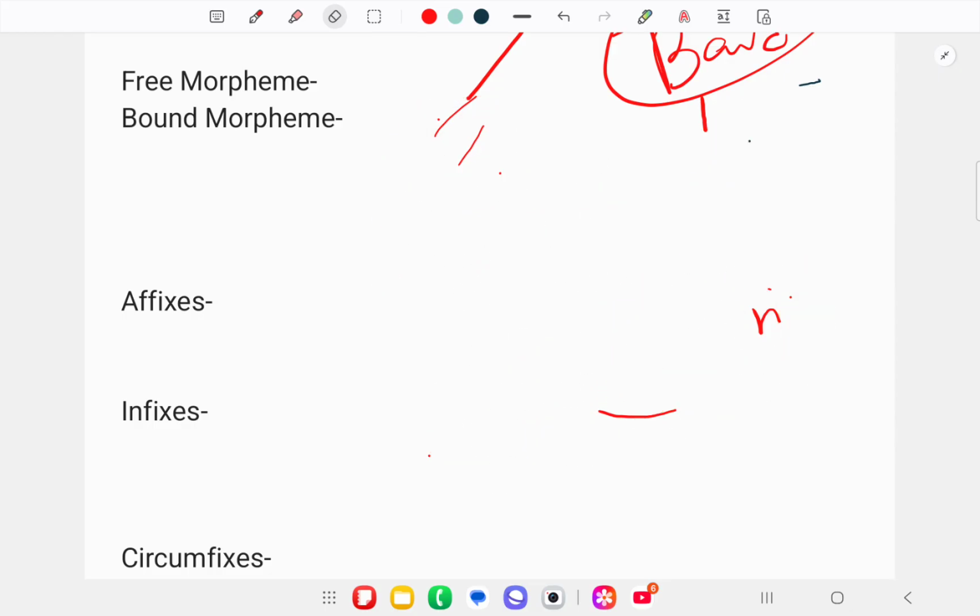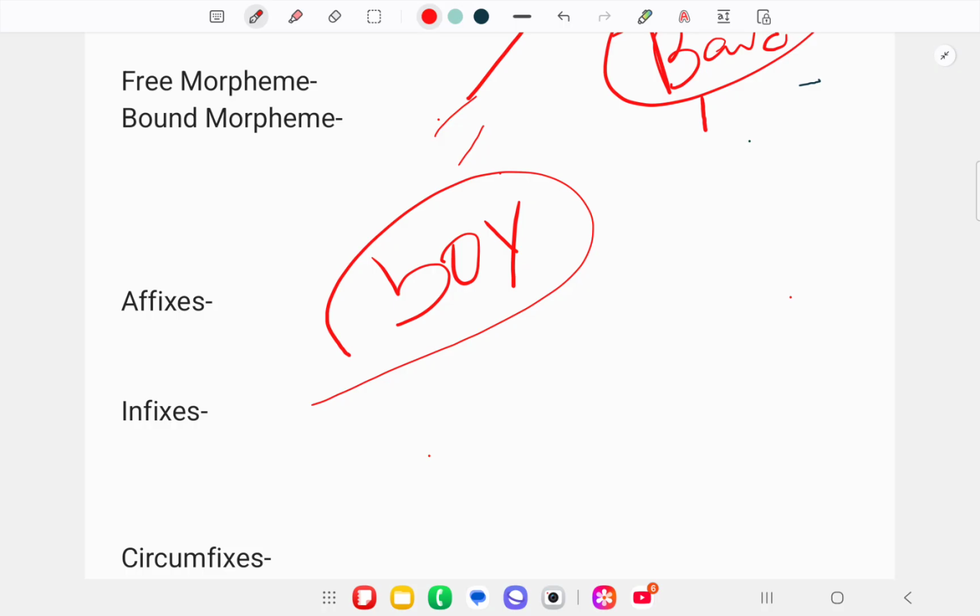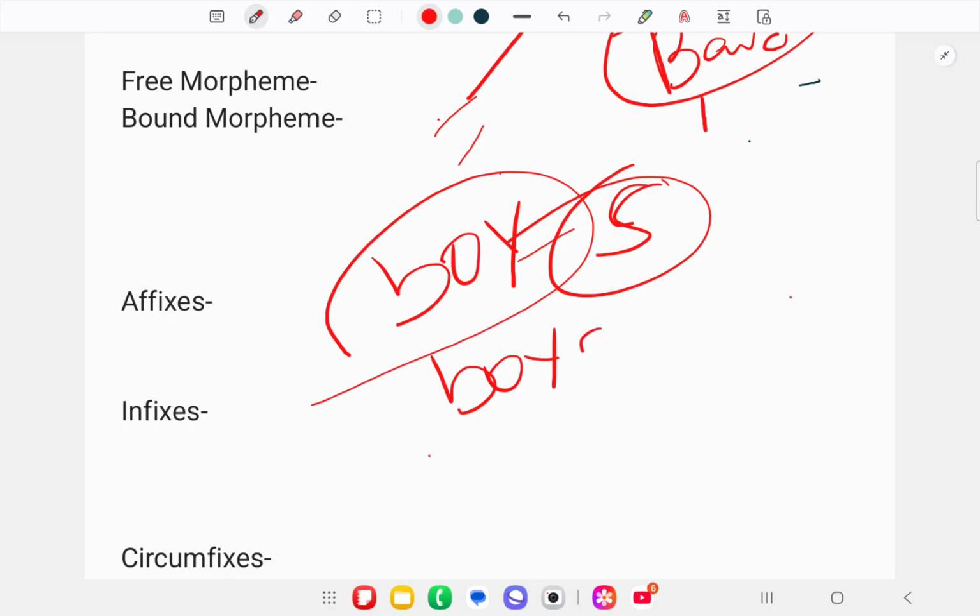Next, we will discuss some languages where we find that the suffixes or prefixes we have in English are present in the opposite positions in other languages. Just take any example. If you take boy, then to make the plural of boy, you add s, so this becomes boys.